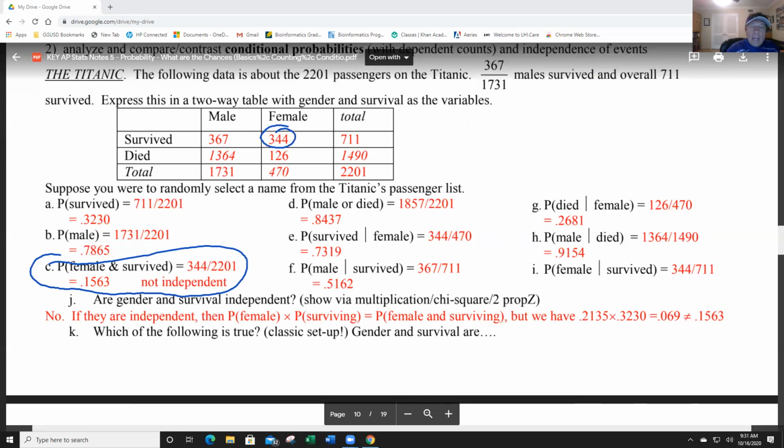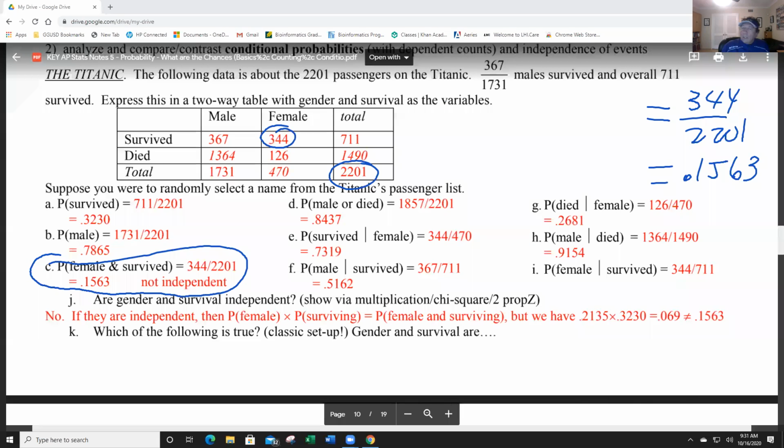Female and survived, okay, right there. So we know the chances of being female and surviving is 344 out of 2201. We know the answer to that, and that is 0.1563.